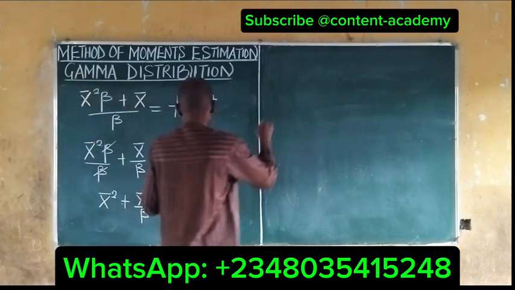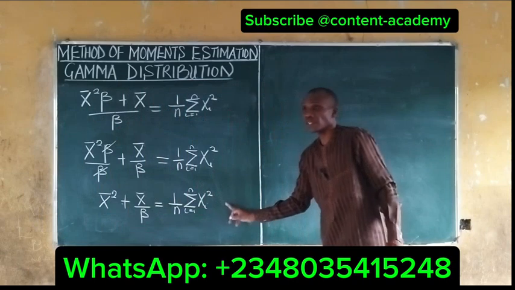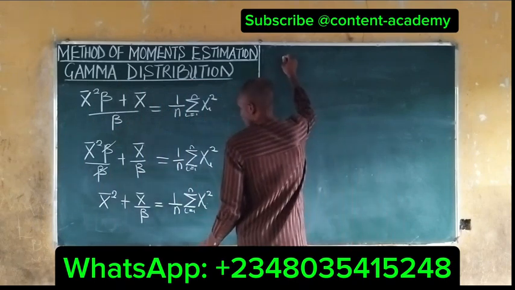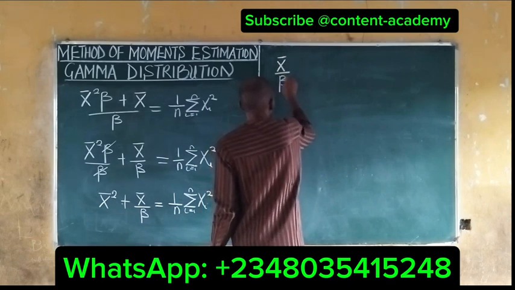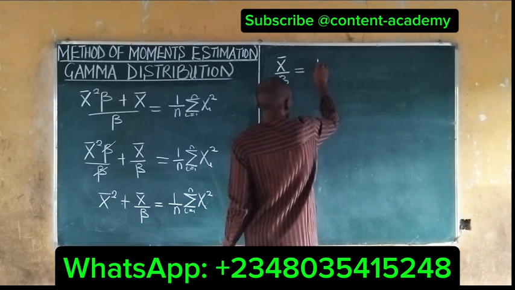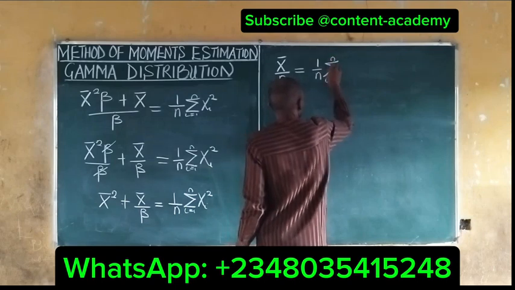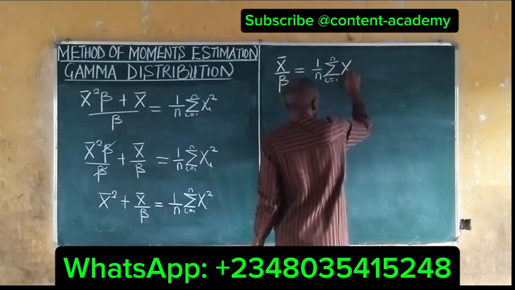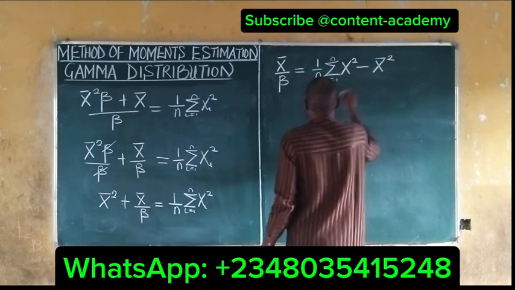Now we have, if we move this x bar squared over to the other side of the equation, x bar all over beta to be equal to 1 all over n summation of xi squared, as i running from 1 to n, minus x bar squared.